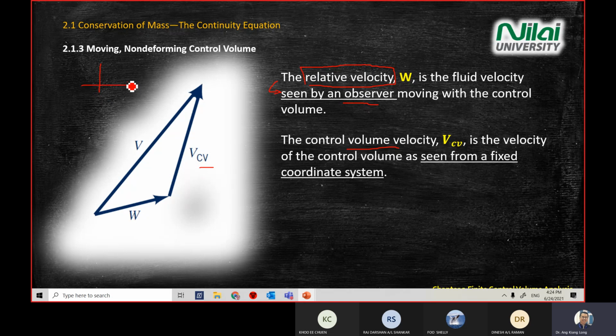Normally in the question, you will see X and Y axes, and you are referring to this V sub CV from the reference axis in the system. So if you have a pipe, for example, normally the x-axis is in the center. Normally the axis will be put inside the pipe here.